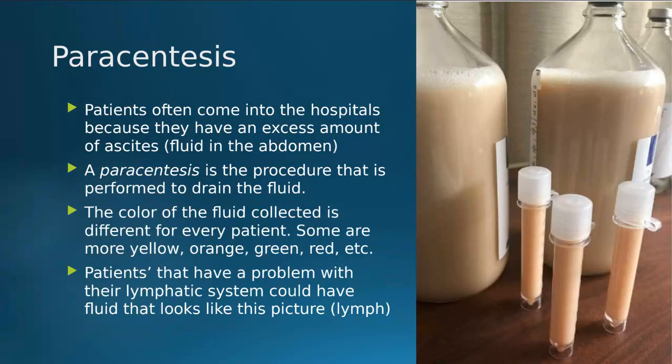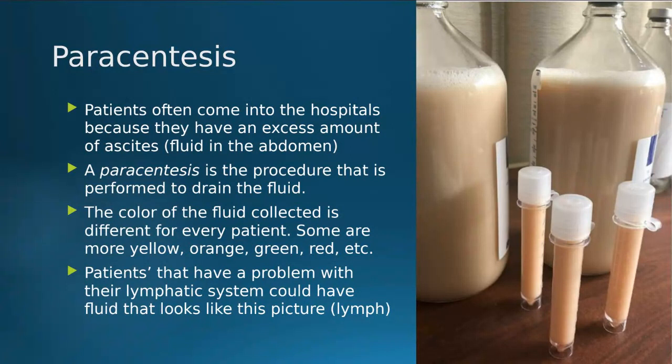When we do a paracentesis, this is what lymph fluid is going to look like. It's going to look like coffee milk. So it's pretty gross. Usually when a patient just has ascites, that fluid is kind of yellow. It's a little bit more clear, right? Sometimes it's like a dark orange.